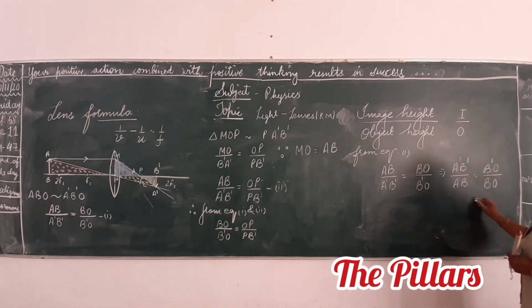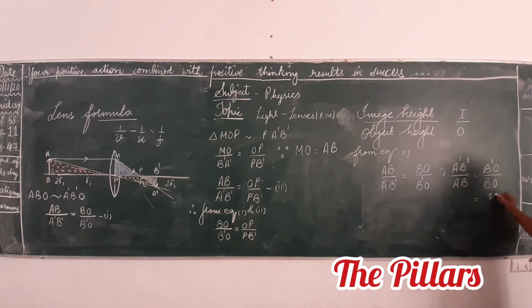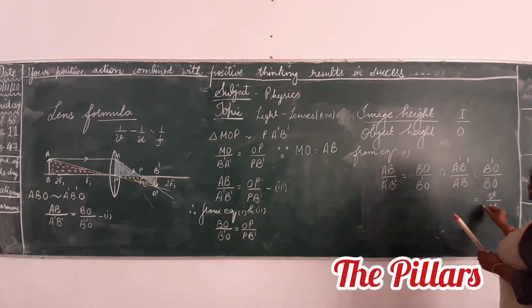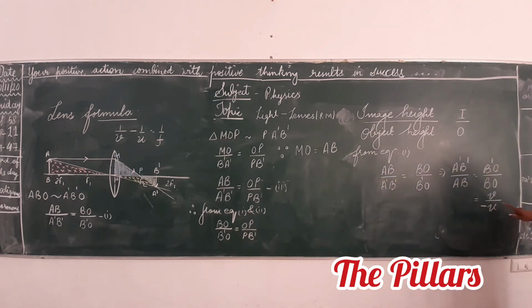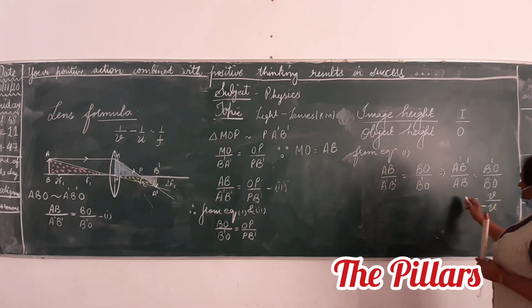What is your B dash O? V. What is your BO? It is minus U. And what is A dash B dash?